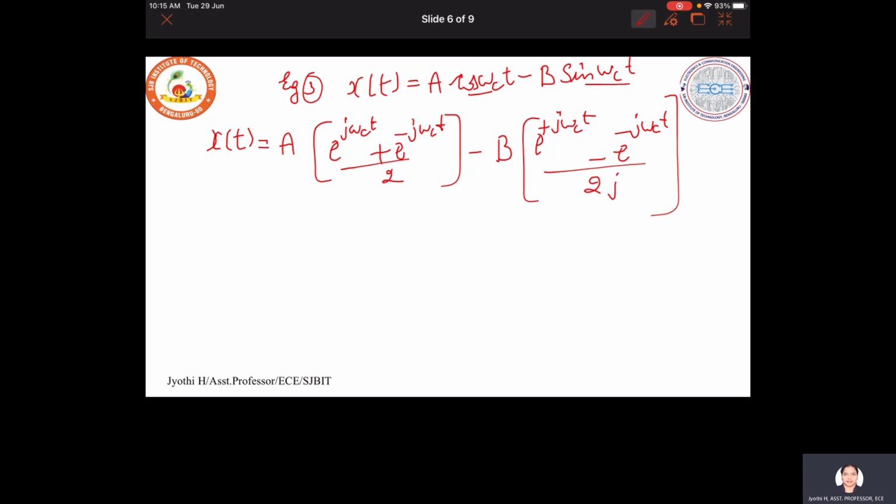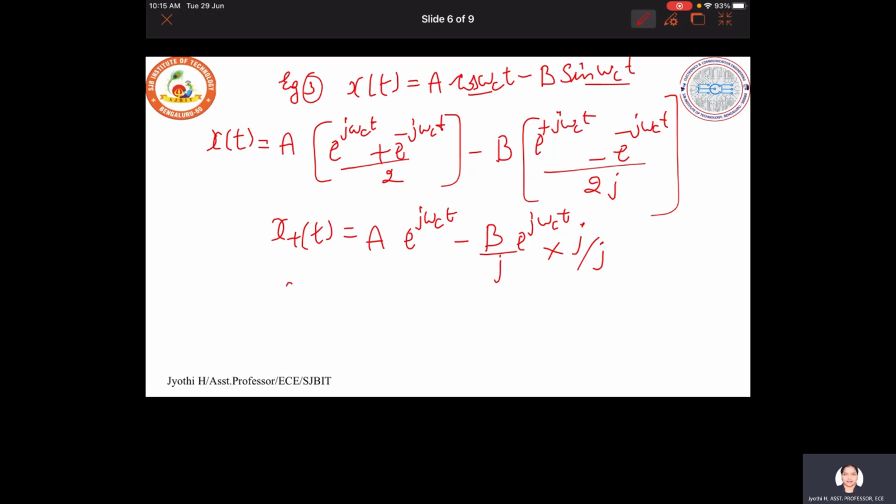Now what is x plus of t? x plus of t is equal to a e to the power of j omega ct minus b times e to the power of j omega ct, but since it is 2j, this is b by j. So I'm going to multiply with j in both the denominator and the numerator.